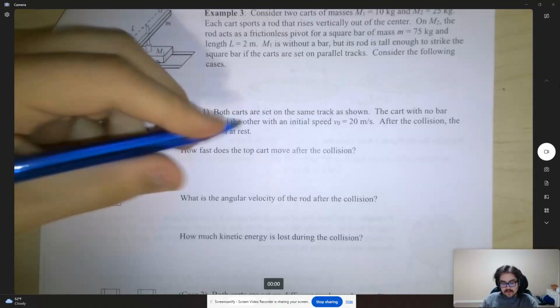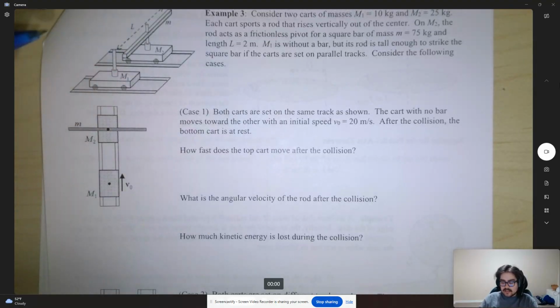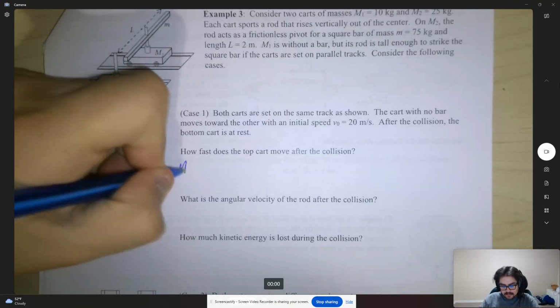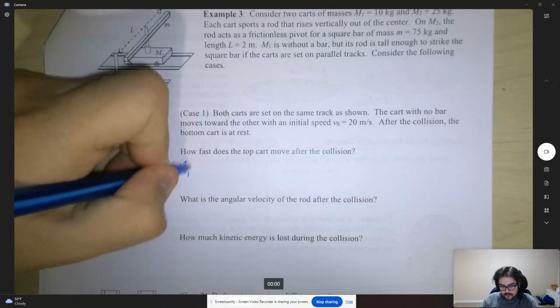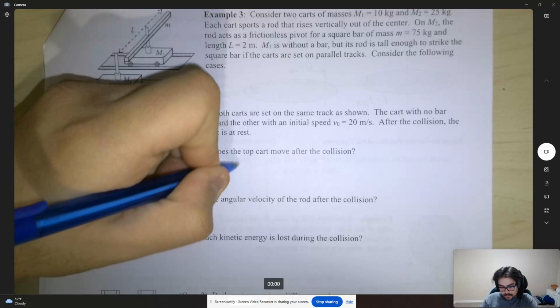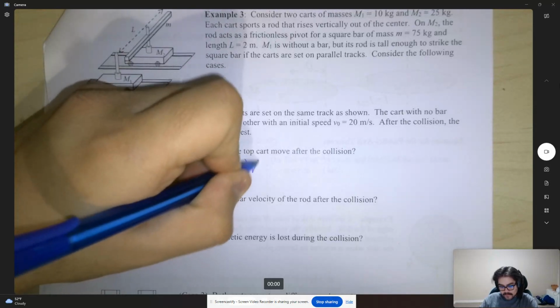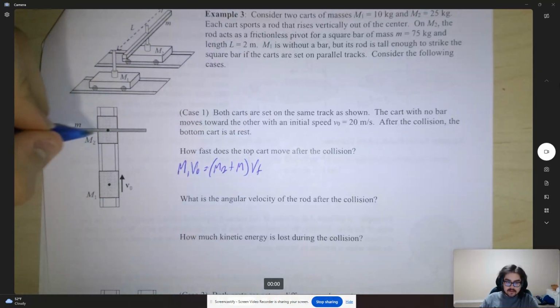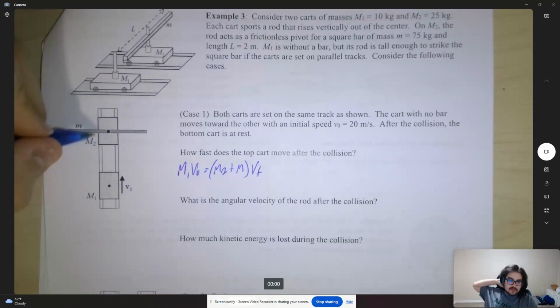So how fast does the top cart move out of the collision? You just have to do conservation of momentum. m1 v naught equals (m2 plus the mass of the bar) v final, because this is a system with the mass m2 and then the bar.